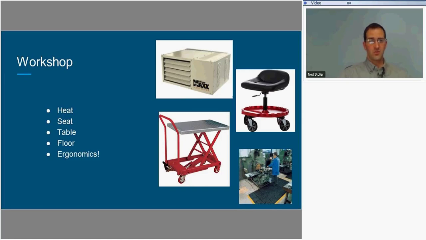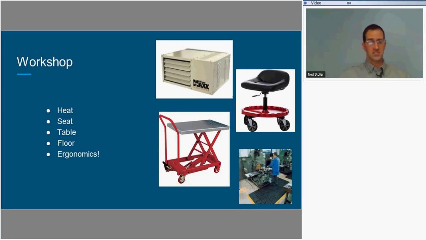Now we're going to move into the workshop. We're talking about some pretty basic workshop accommodations: the adjustable height seat and adjustable height table. Just do it. It's amazing how ergonomically correct you can do almost any job if you have an adjustable height table and an adjustable height seat.